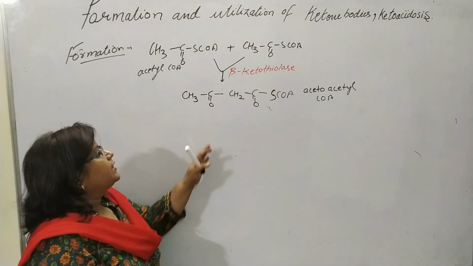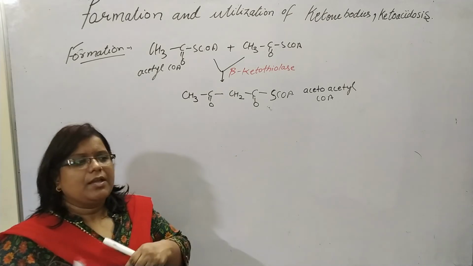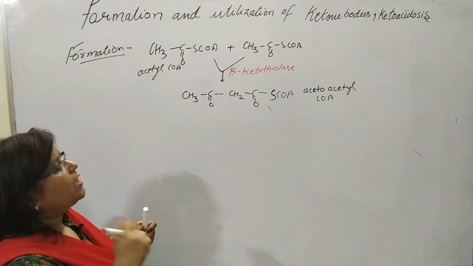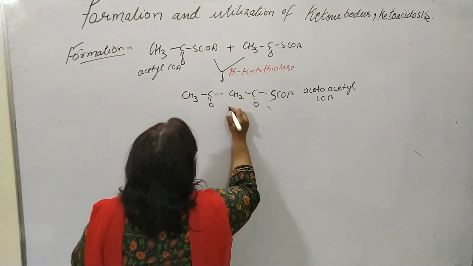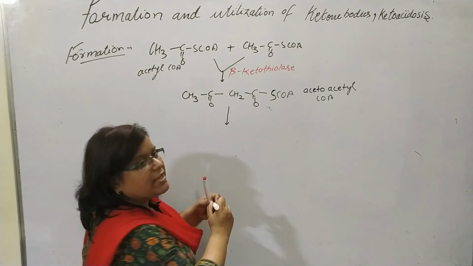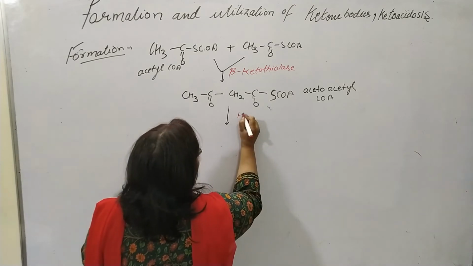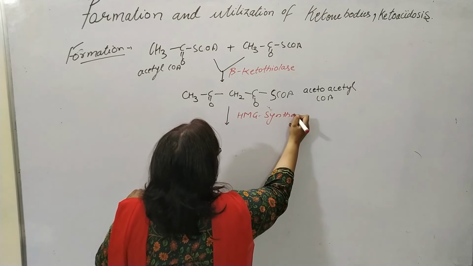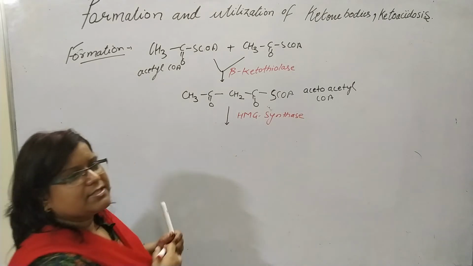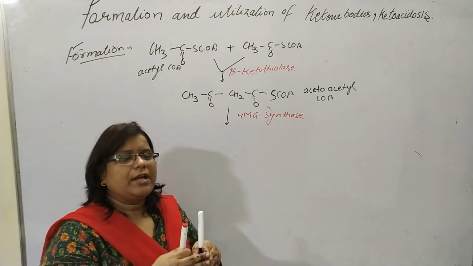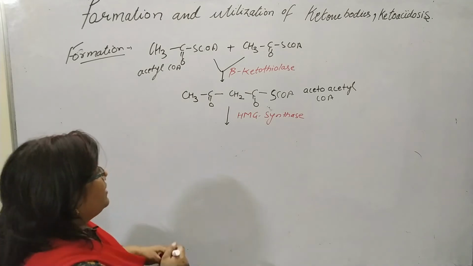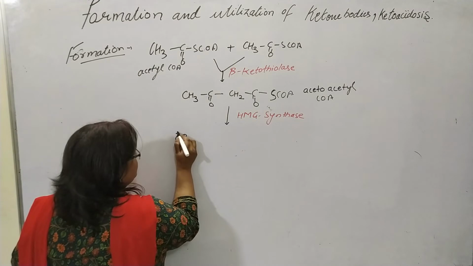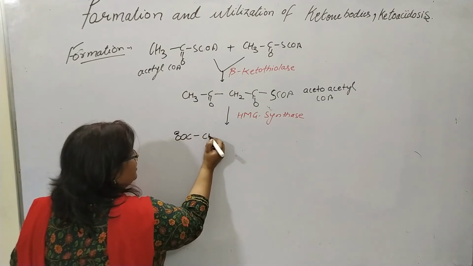Now the acetoacetyl coenzyme A will convert into HMG coenzyme A in the presence of HMG synthase. Now we will see the formula, because sometimes I am confused about that.